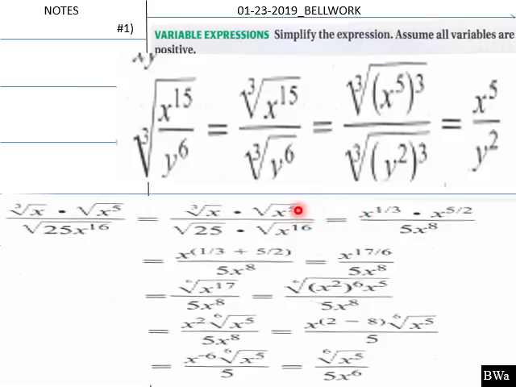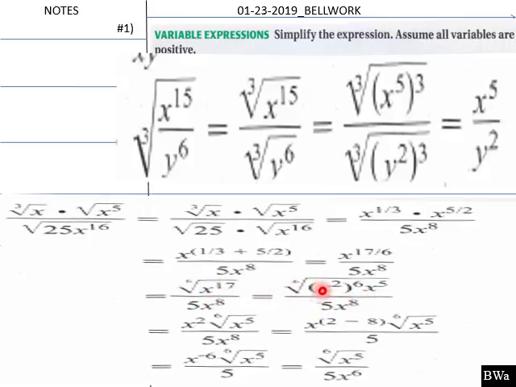So this is actually 16 over 2 as an exponent. This is a square, so it'll be 5x to the 8th in the denominator, and then we have the cube root of x and x to the 5 over 2 power. So we add these two, we get x to the 17 over 6 power in the numerator. That's what it looks like in radical form.